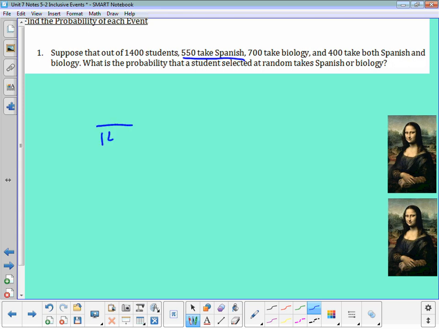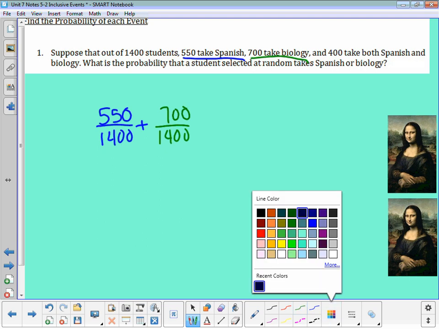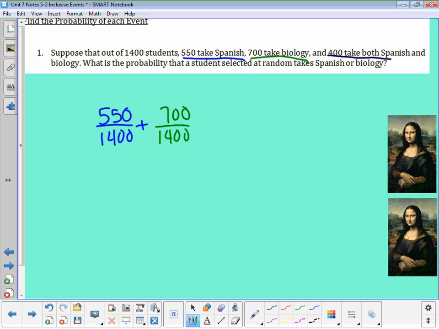Out of 1,400 students, there's 550 taking Spanish. Next I want to find the probability of someone taking biology. Out of 1,400 students, there's 700 taking biology. And last but not least, I want to subtract the probability of someone being both. So I'm going to subtract off the probability of someone being both.